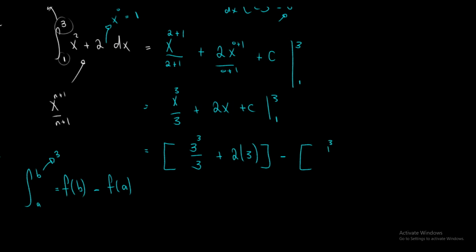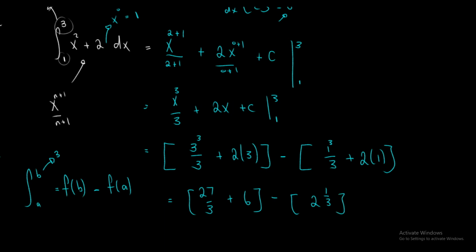So 1 to the power of 3 over 3 plus 2 multiply 1. So I get 27 over 3 plus 6 in my first square brackets. My second square brackets, I have 2 and 1/3.